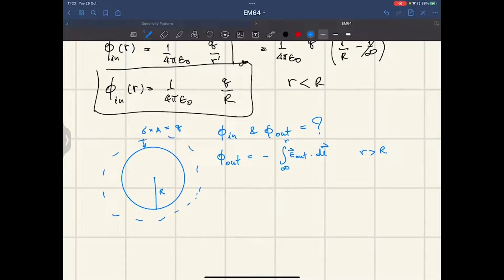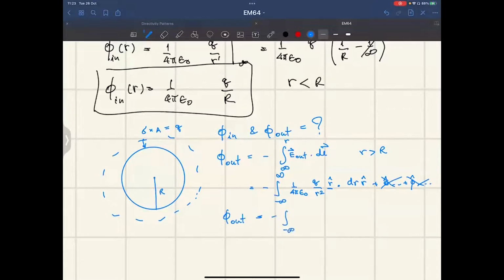Our E is just equal to 1/4 pi epsilon naught Q divided by r squared, in the r hat direction. The theta and phi terms are 0 because there's only a radial direction, so phi and theta components don't exist.